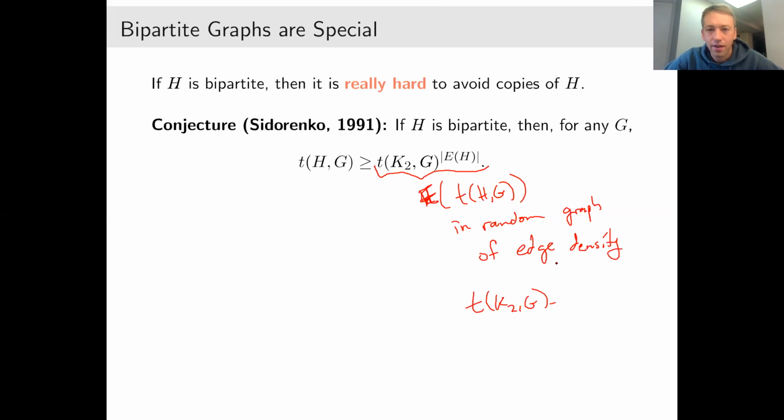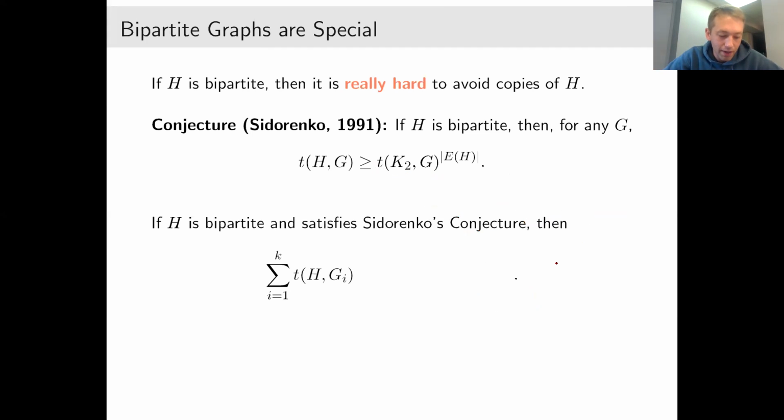So this says that if you have any bipartite graph, the number of copies should be at least as large as in a random graph.